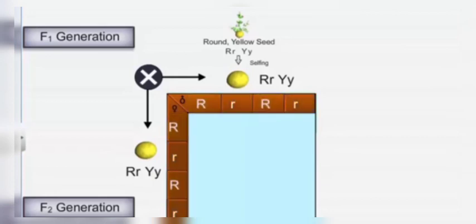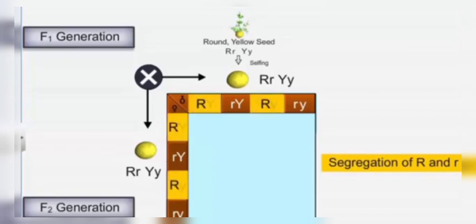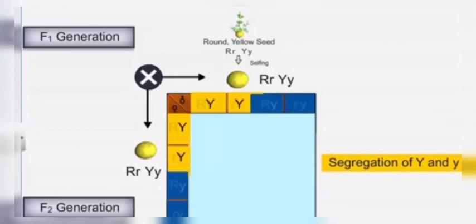Now, apart from each gamete having either capital R or small r, it must also have the alleles capital Y and small y. Here it is important to note that the segregation of 50% capital R and 50% small r is different from 50% capital Y and 50% small y.